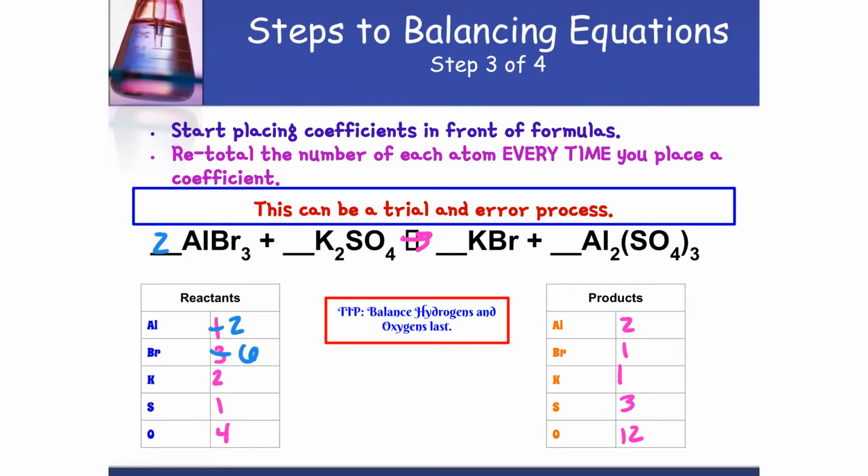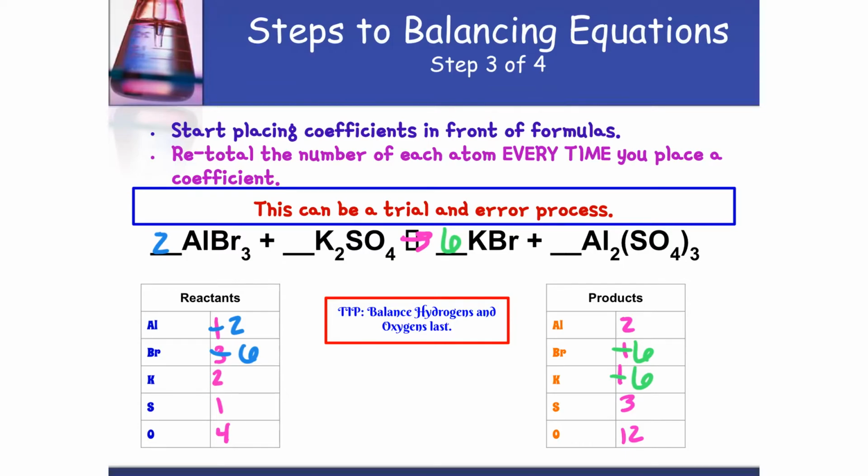And now I'm going to try to balance my bromines. So I have 6 bromines on my reactants, but only 1 on my product. I'm going to put a 6 in front of my potassium bromide. By doing that, I now have 6 bromines on the product side, but I also have 6 potassiums.